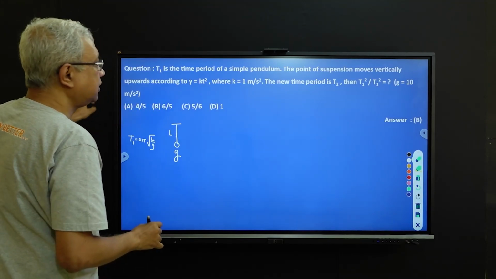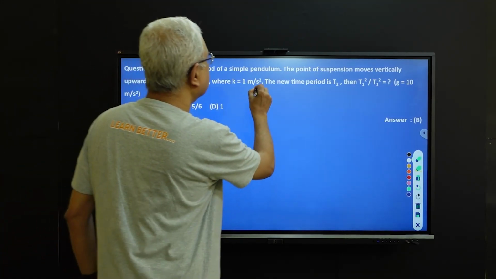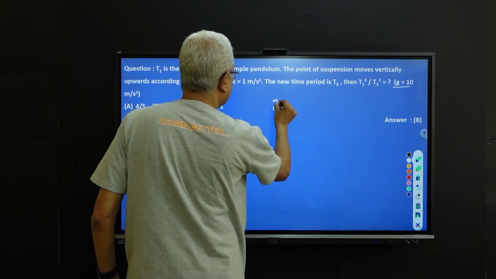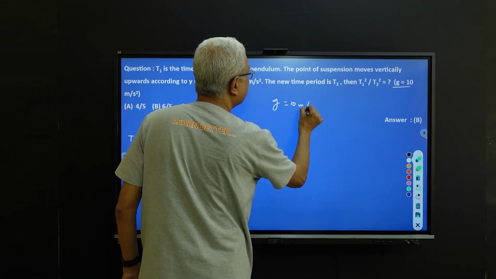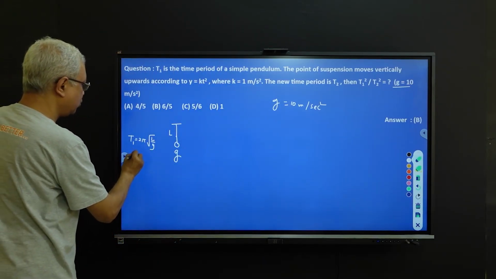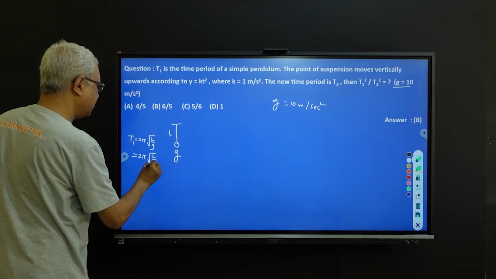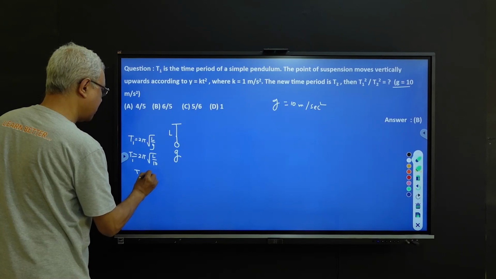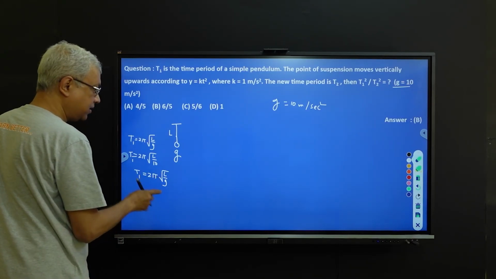And g is given as 10 meter per second square. So it is 2 pi root over L by 10.